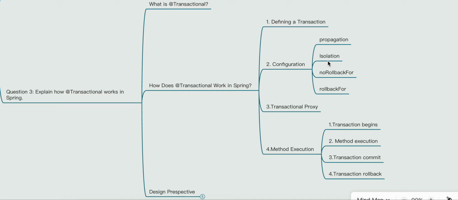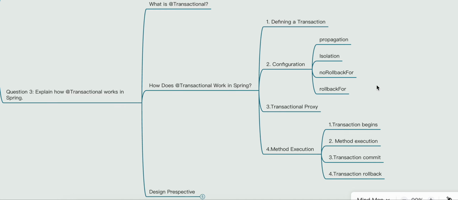And this actually maps to the database transaction isolation level, and Spring does not do a lot with it. It just passes it to the database, and you can set a different isolation level for each transaction.